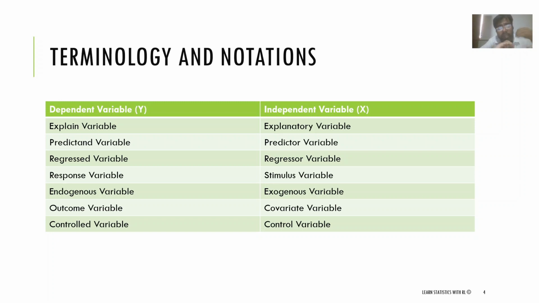So the dependent variable, the Y variable, has synonyms such as explained variable, predicted variable, regressed variable, response variable, endogenous variable, outcome variable, controlled variable. Whereas the independent variable has synonyms such as explanatory variable, predictor, regressor, stimulus, exogenous variable, covariate variable and control variable.